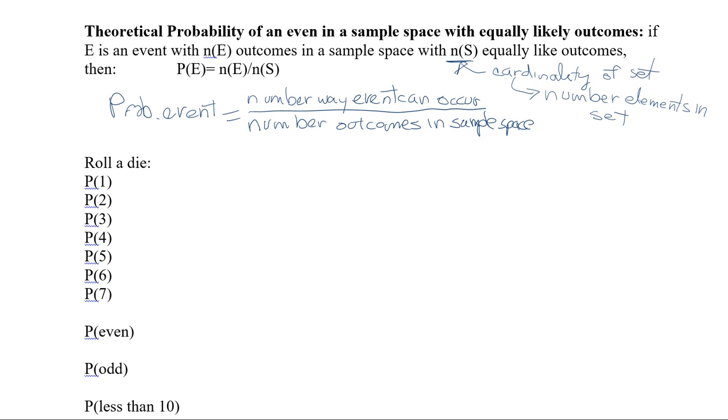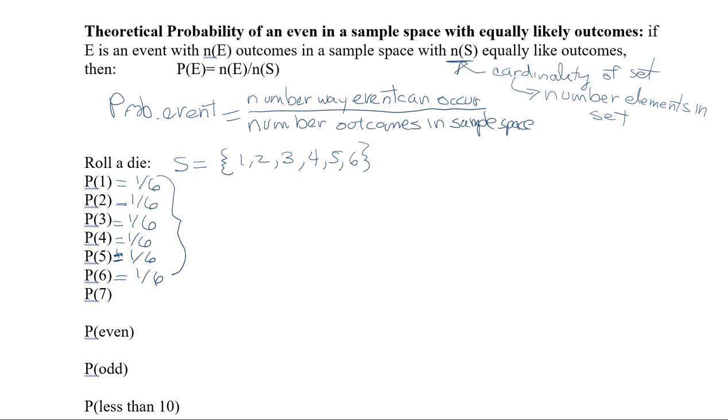And so if I roll a die, remember for our die, our sample space is the numbers 1 through 6. The probability of getting a 1 is 1 out of my 6 outcomes. The 2 is 1 out of my 6 outcomes. The 3, the 4, the 5, and the 6 are each 1 out of my 6 outcomes.